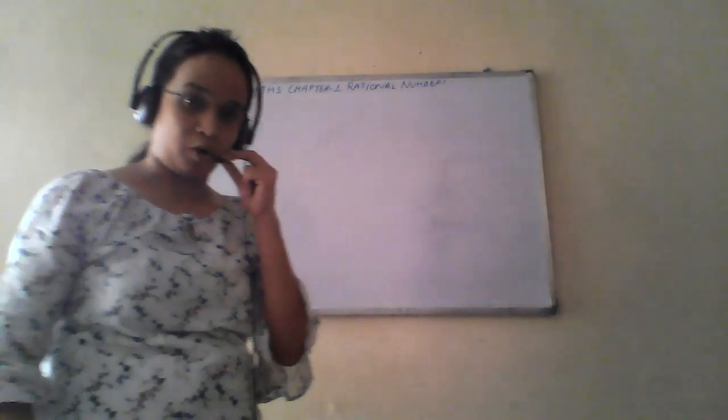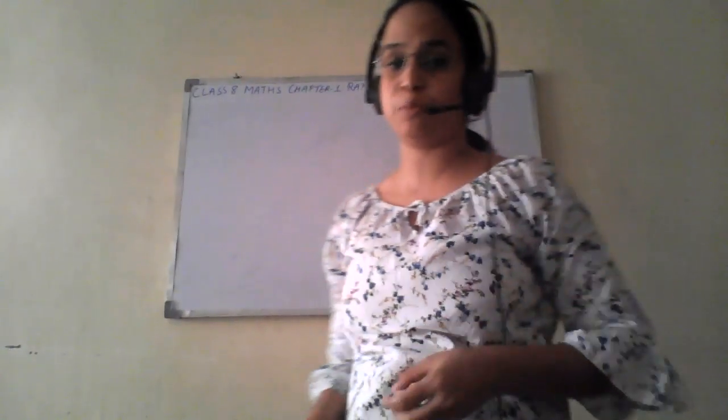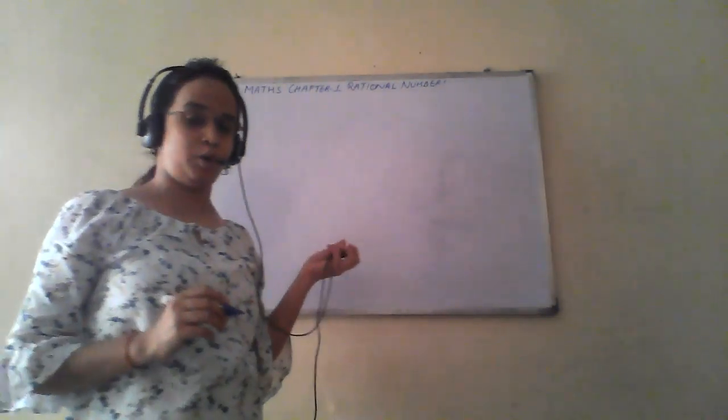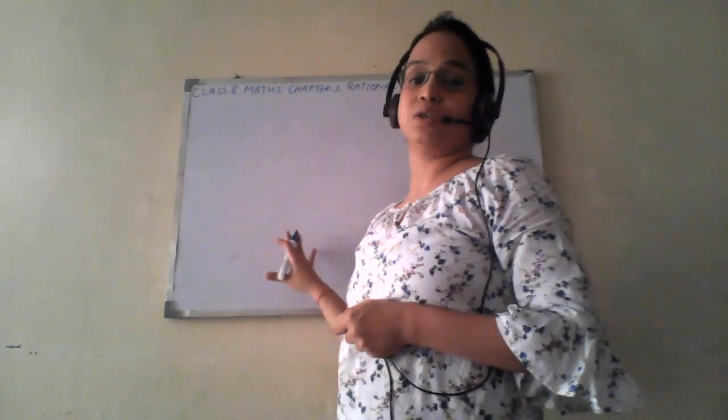Now comes an important property: distributivity of multiplication over addition and subtraction. This is a bit important, as along with distributivity, commutativity and associativity, these three things are used in many questions.